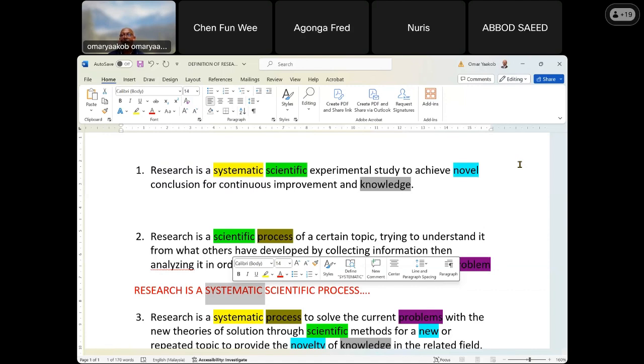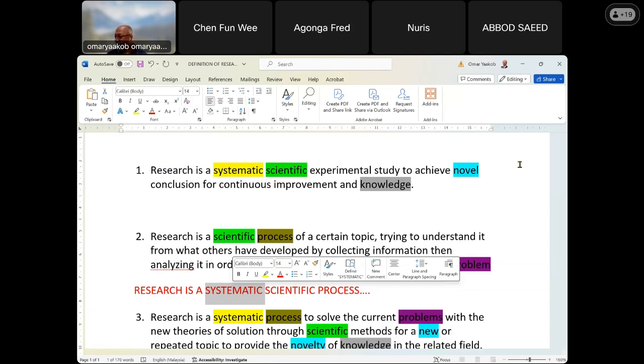All right, good. Prof. Chen, okay. Who? Abud, okay, Abud. Yeah, I think Prof, I disagree because scientific defines itself as systematic. Otherwise, it's not scientific. So we are adding something which is already under the definition of scientific.